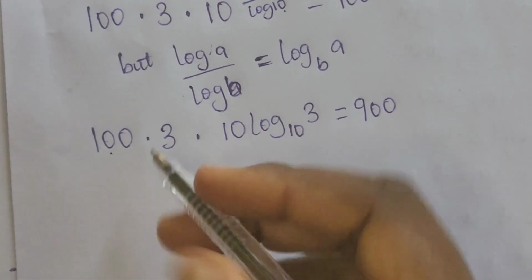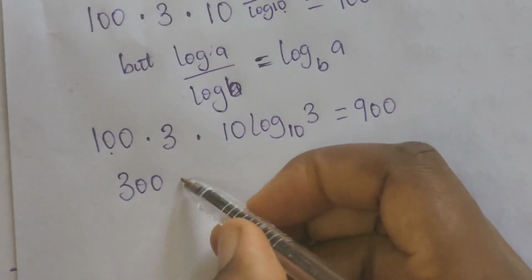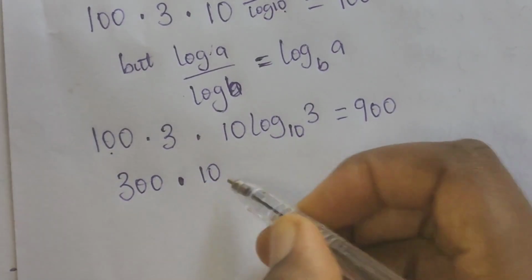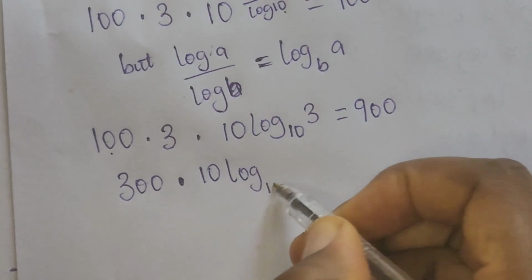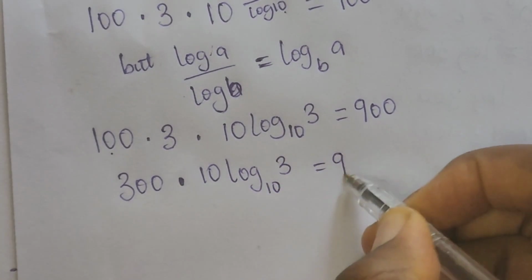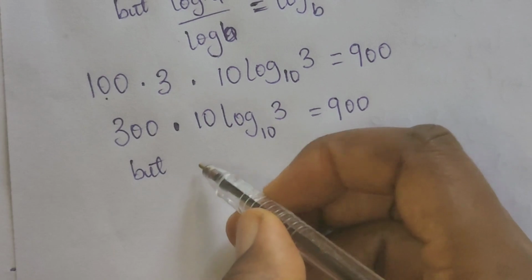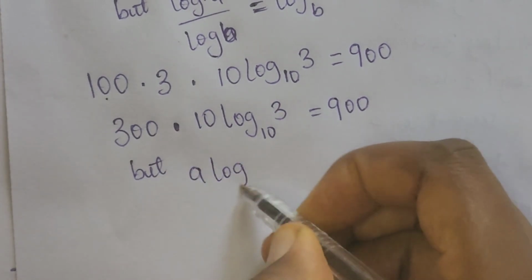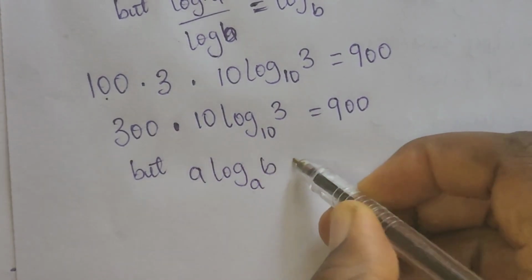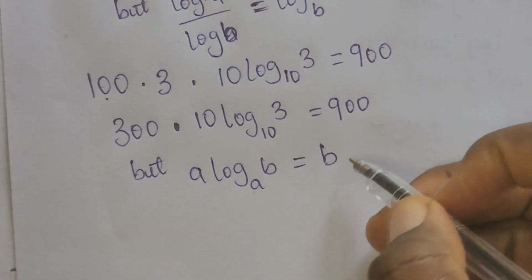So we have 100 times 3, we have 300 times 10 to the power of log base 10 of 3, equal to 900. But recall, when we have a to the power of log base a of b, this is the same as b.